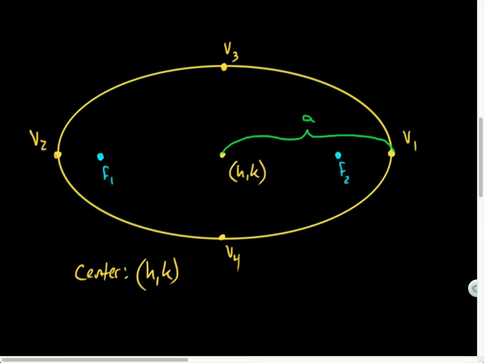The distance from here to here is called B. And the distance from your foci, and it's symmetric fortunately, will be called C. All right, so far, does it make sense?